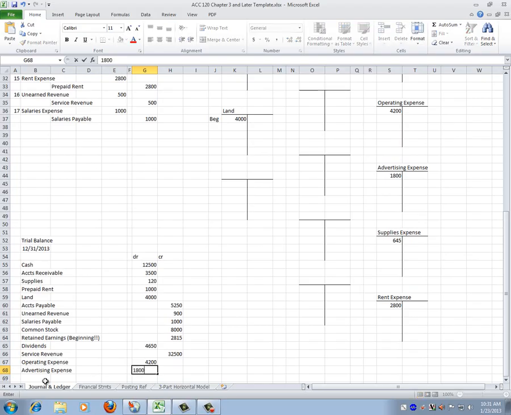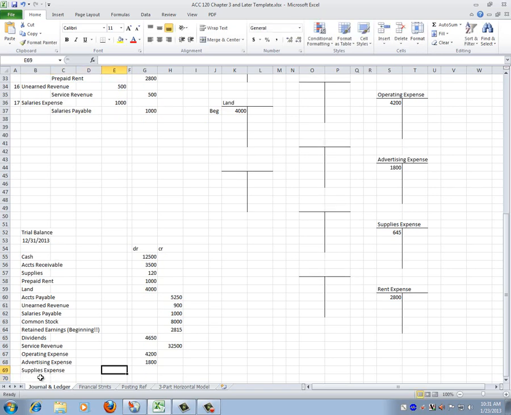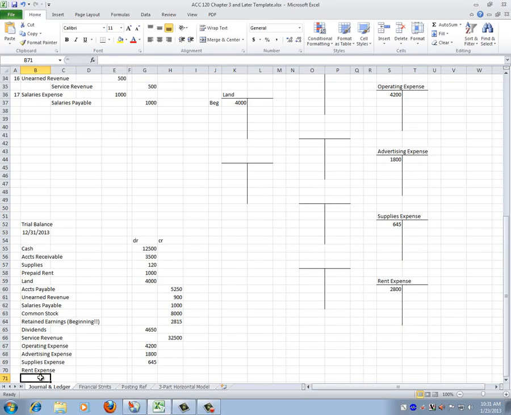Left side, as is normal for an expense temporary account. Supplies expense. Left side, as is normal for an expense temporary account. And rent expense, 2,800, as is normal for an expense temporary account.